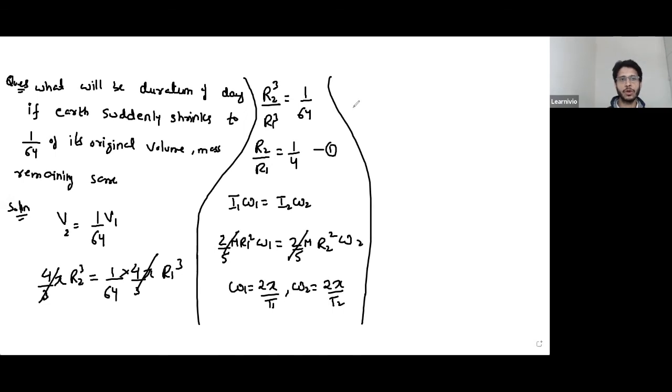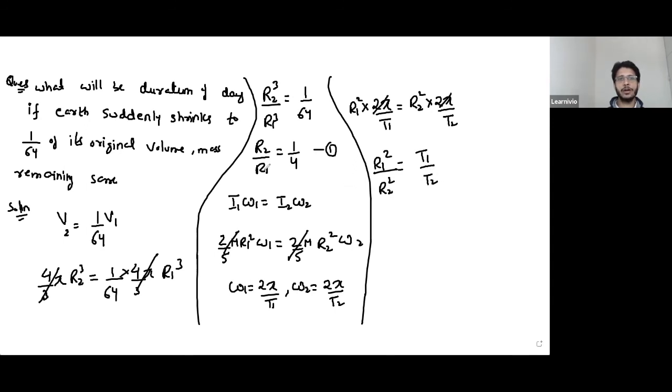Substituting, R1 square multiplied by 2 pi by T1 equals R2 square multiplied by 2 pi by T2. The 2 pi will cancel. You are left with R1 square by R2 square is T1 by T2.